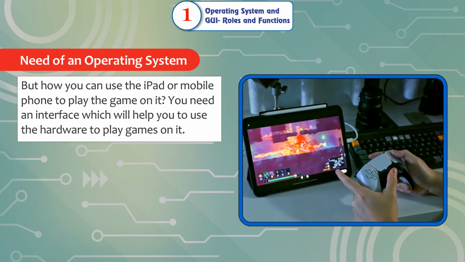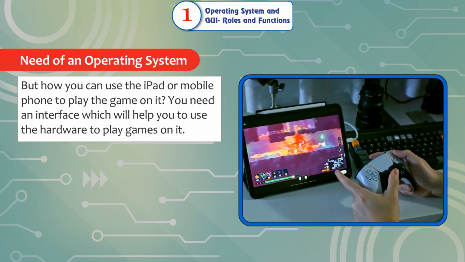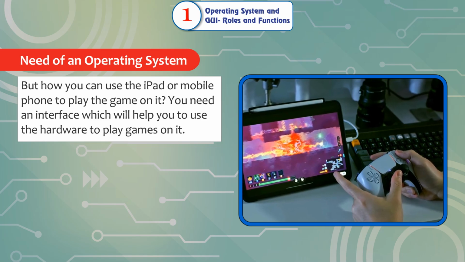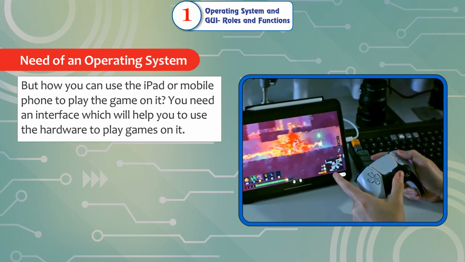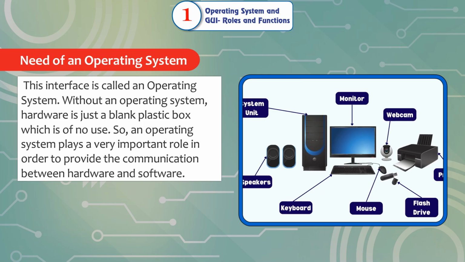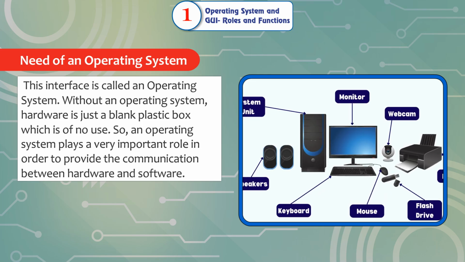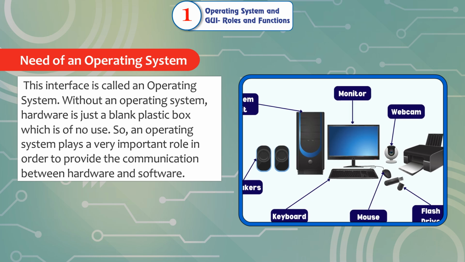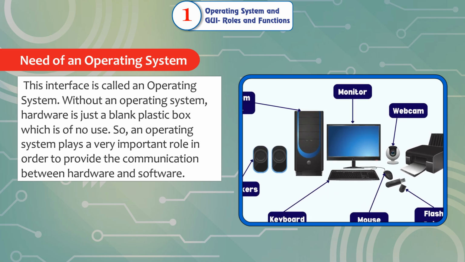But how can you use the iPad or mobile phone to play the game on it? You need an interface which will help you to use the hardware to play games on it. This interface is called an operating system. Without an operating system, hardware is just a blank plastic box which is of no use.